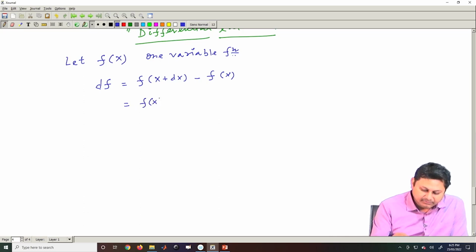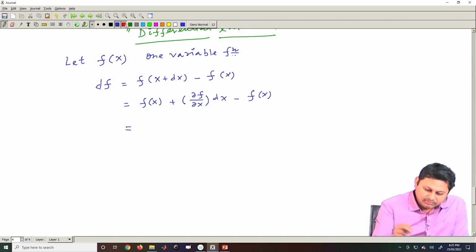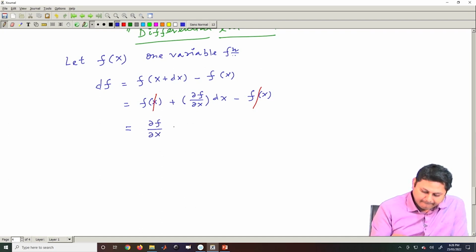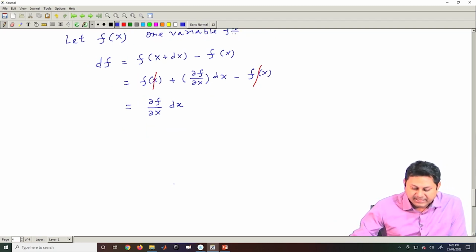If I make a Taylor series expansion of this up to first order, and eventually these things will cancel out, and I have this. So, what is df/dx then?